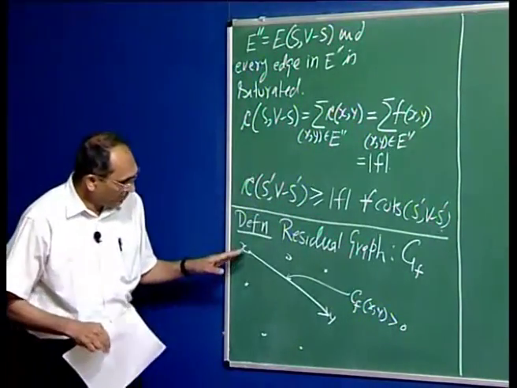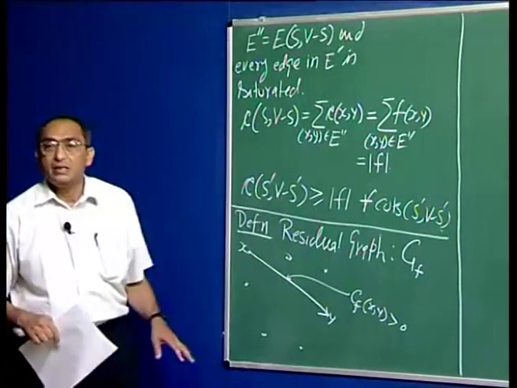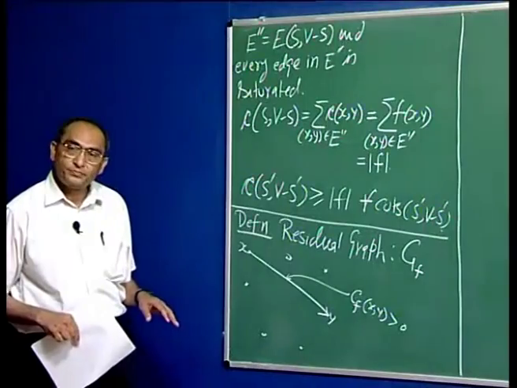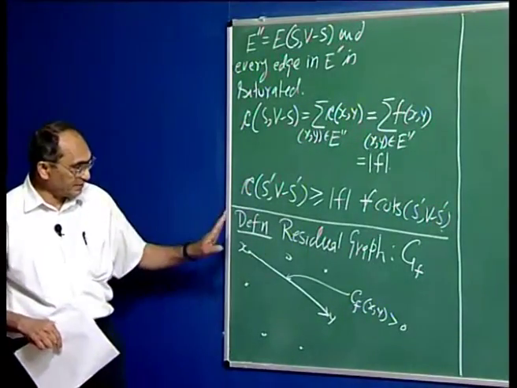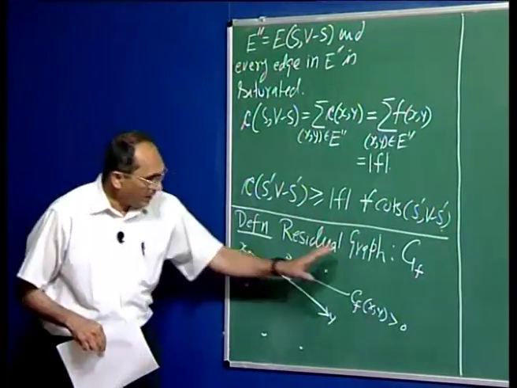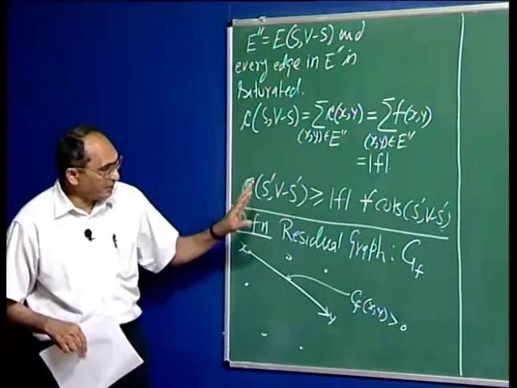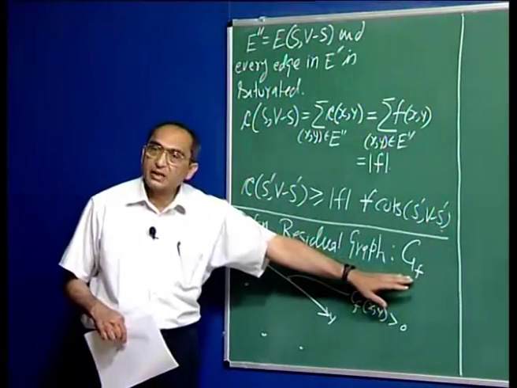We will not put any of the edges in this graph where the residual capacity is 0. All the edges which are saturated are dropped from this graph. And now we have built a graph based on the given network and the given flow F.